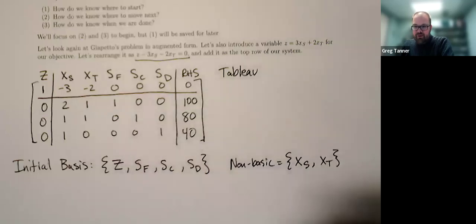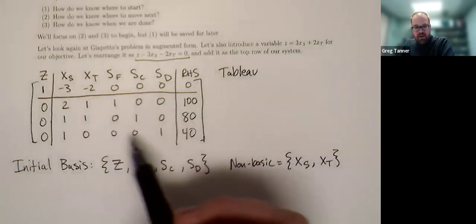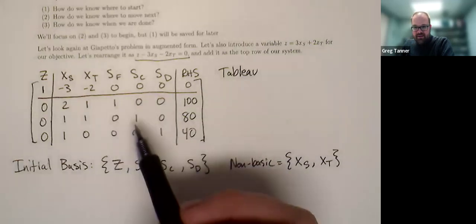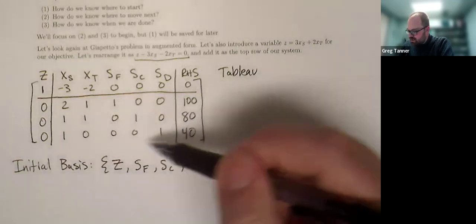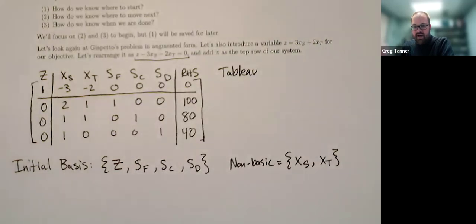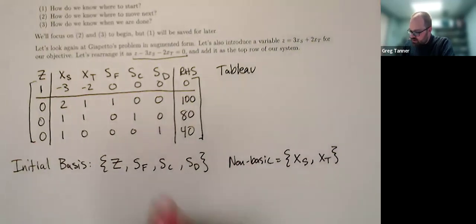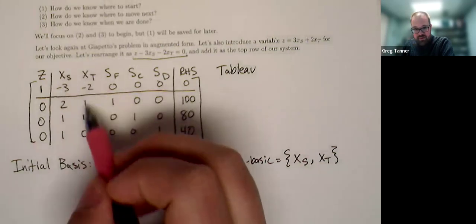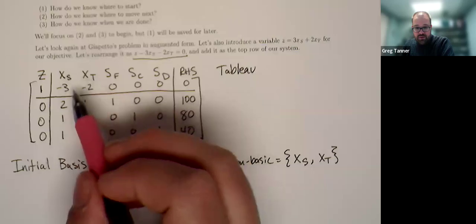Now, the first step would be forming the B matrix here and solving to get that into the identity. It turns out we've already got an identity matrix, or standard basis vectors, underneath SF, SC, and SD. So if we set these two to be equal to 0, it's essentially the same as crossing off these 2 columns and ignoring them, because the value of those variables is 0.